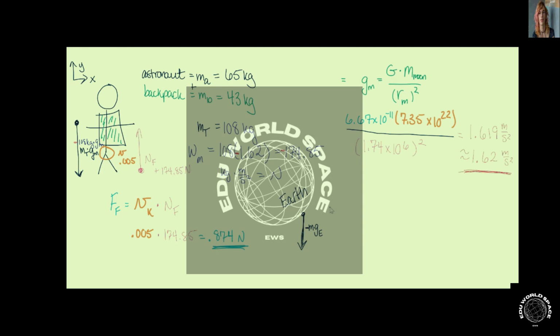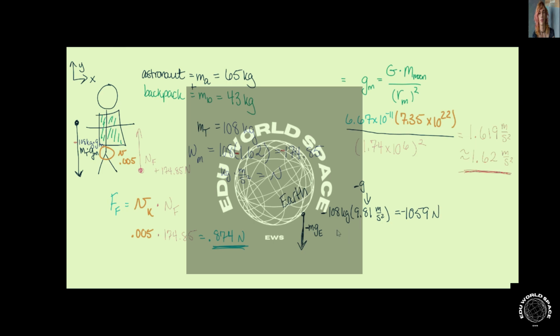So it's now going to be 108 kilograms times 9.81 meters per second squared, because that is the Earth's acceleration due to gravity. So that's our g for Earth. Once you do that calculation, it's going to be approximately, once again, negative because gravity is negative, negative 1059 newtons.